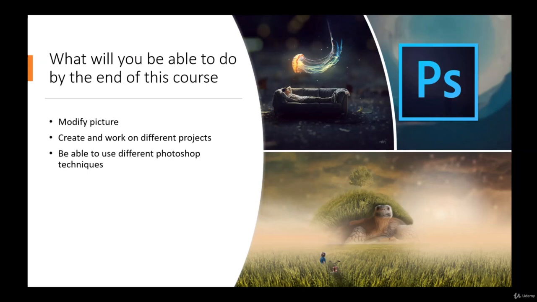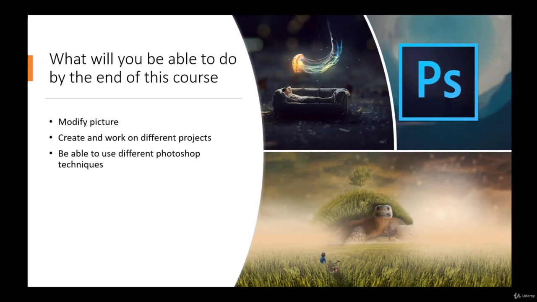Let's say you want to cut something out from the picture. You will be able to do it. There are plenty of things that you will learn to do, and it's pretty cool once you know how it works.